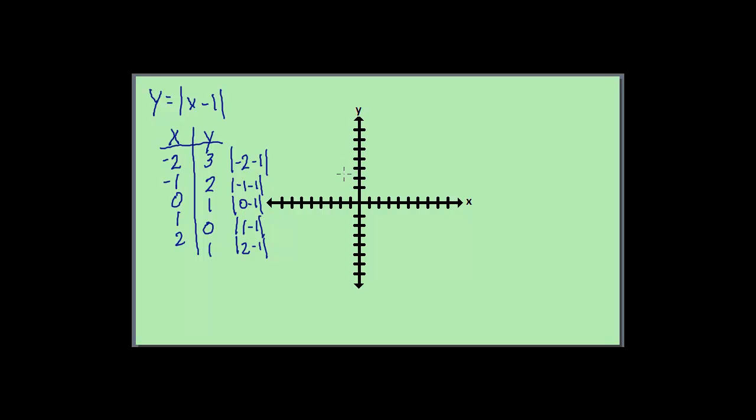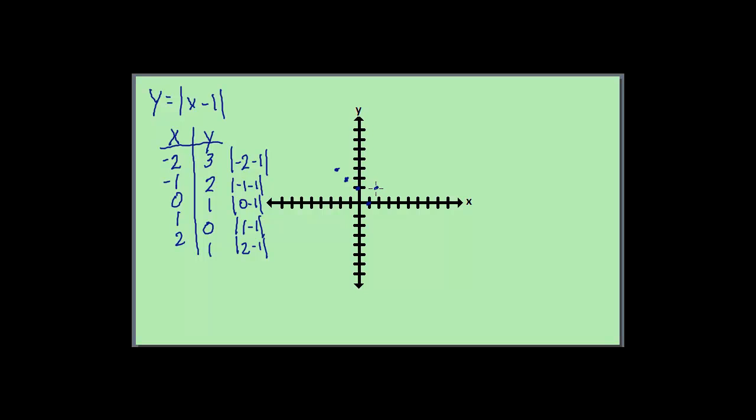There's -2, 3. -1, 2, and 0, 1. So far I'm just seeing a line, so I'm not sure if I've plotted enough points. We'll have to see. And then 2, 1.